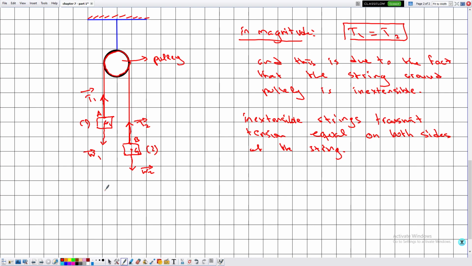Okay, so always we consider a special type of strings that are inextensible strings that transmit tension equally on both sides of the string. And here by both sides of the string I mean the free end of the string.